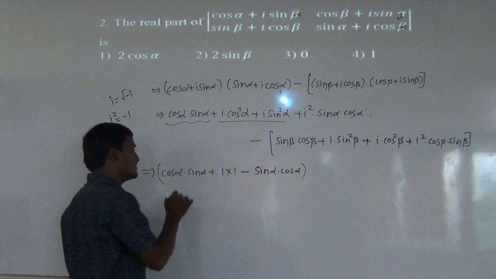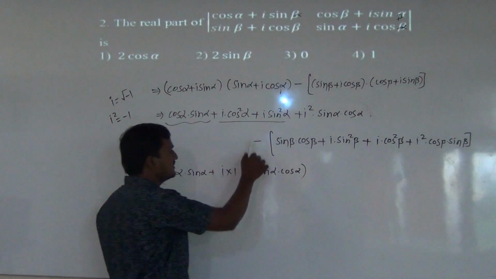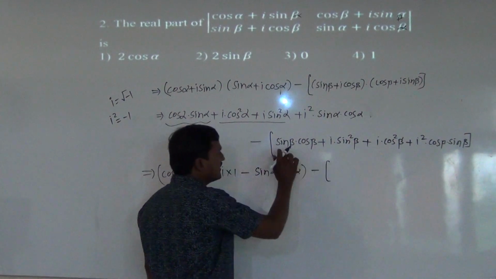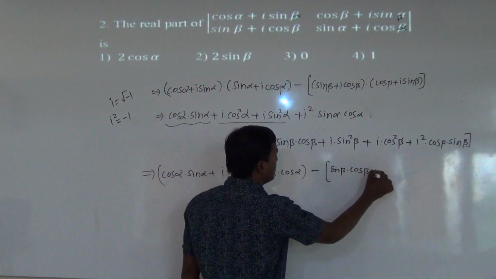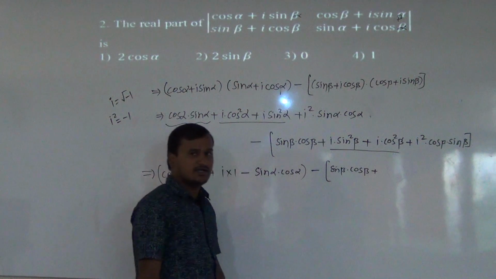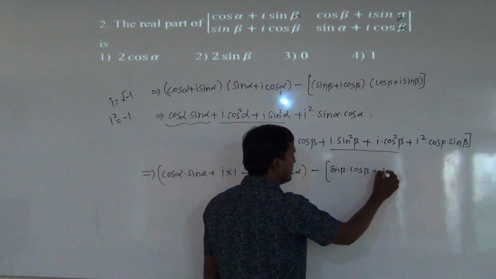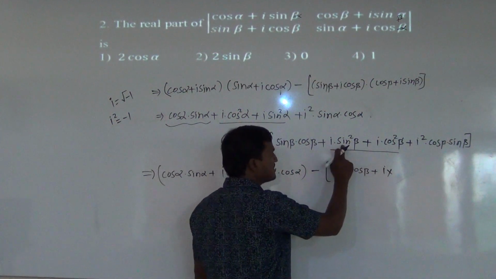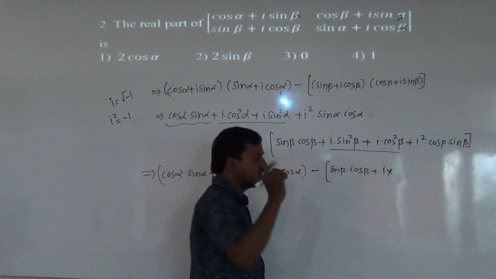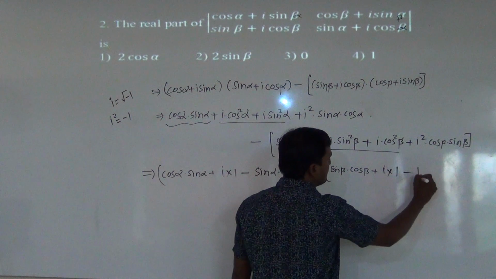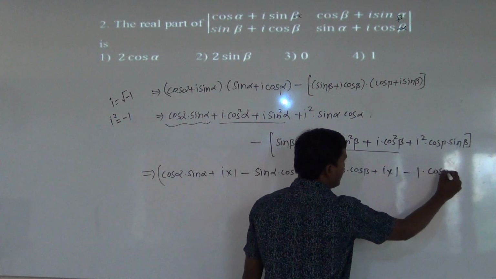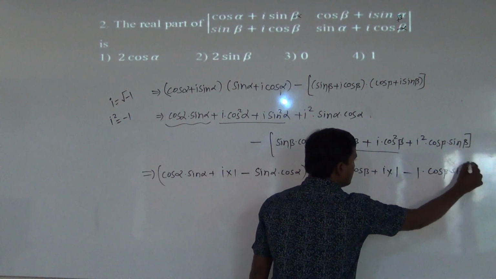The first term is over. Next, in the second term it is sin beta into cos beta, and taking i outside, sin square beta plus cos square beta is 1, and i square is minus 1, again with cos beta into sin beta.